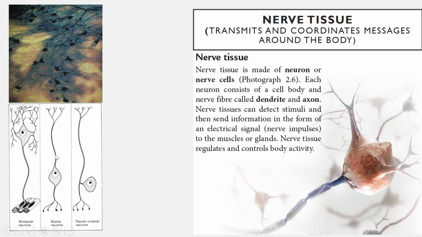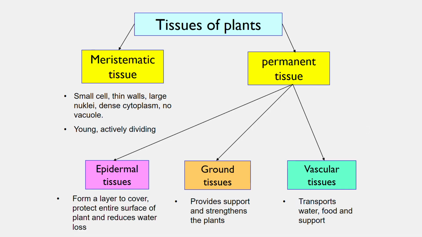This is the cell body, and also the nerve fiber called the dendrite, and also the axon. Dendrite. So a lot of antenna to tell you that this is nerve tissues that is transmitting electrical signals or the nerve impulse. Okay.